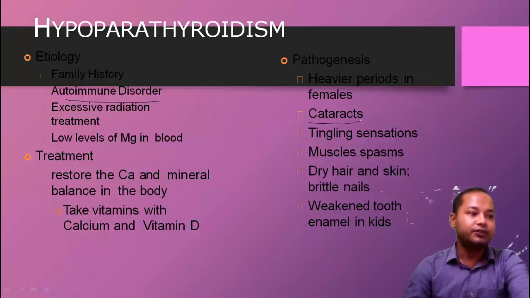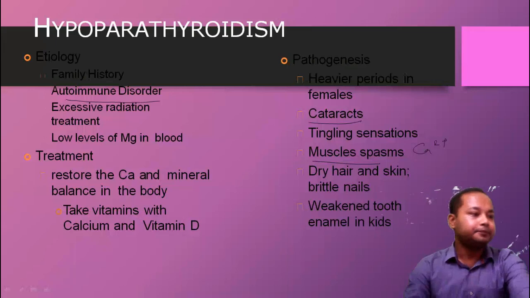This leads to formation of cataracts and muscle spasms, since calcium levels are required for normal functioning. As discussed in class, the sarcoplasmic reticulum delivers calcium into the sarcomeres of muscle cells, and that is how contraction goes on.